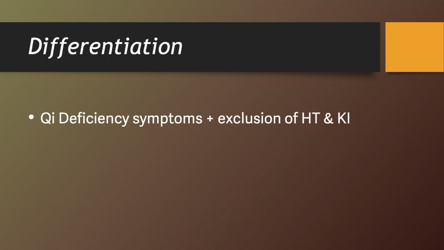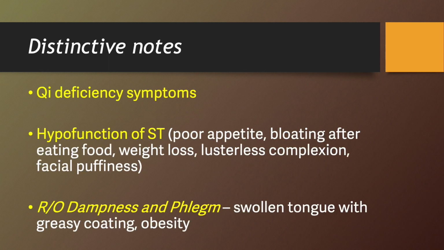Symptoms due to spleen deficiency may vary greatly. However, it can be identified by qi deficiency symptoms coupled with exclusion of other organs such as the heart and kidneys. Also, this pattern should be distinguished from dampness syndromes, which will be discussed later.